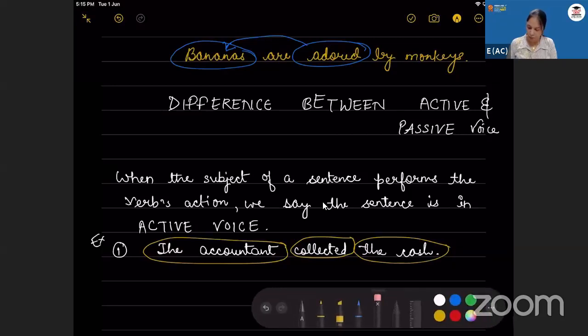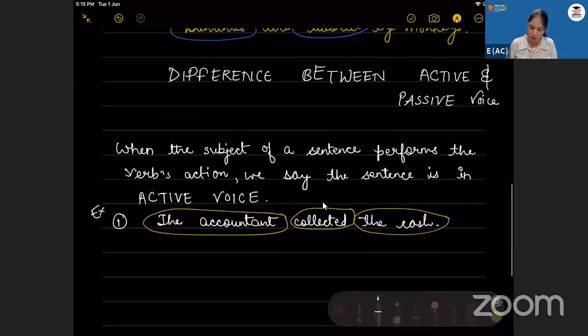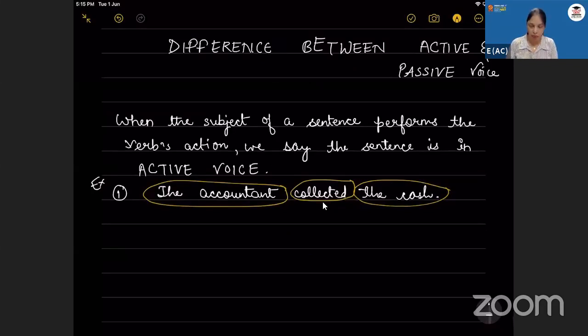I think it is very clear. Passive voice का एक छोटा सा revision कर लेते हैं, then we'll move on to the rules.